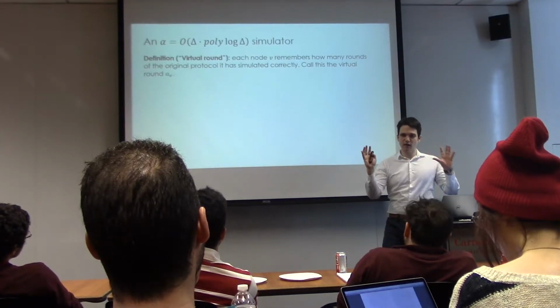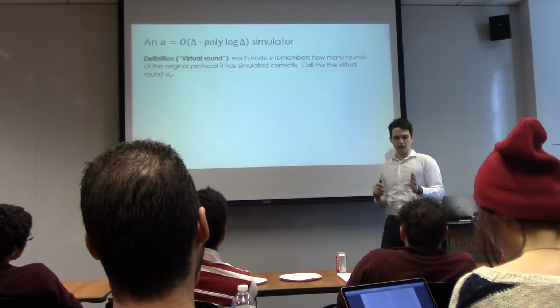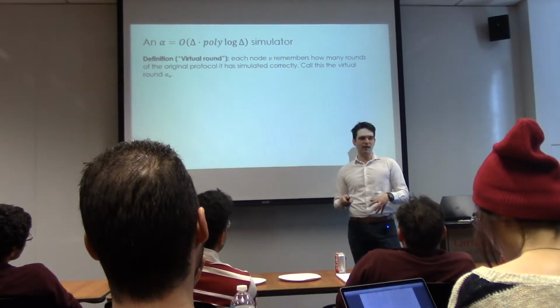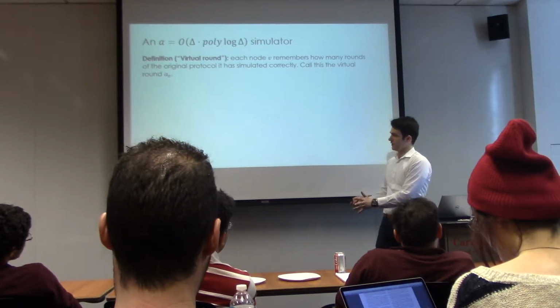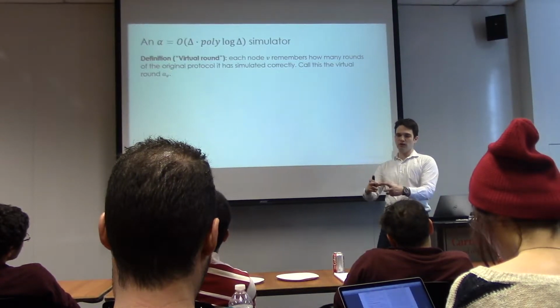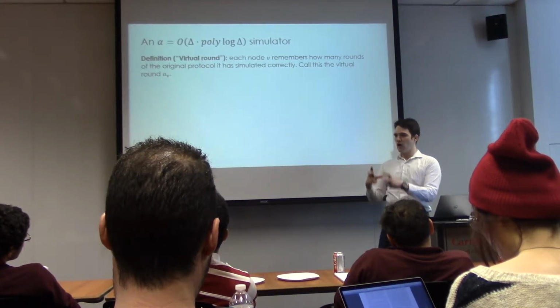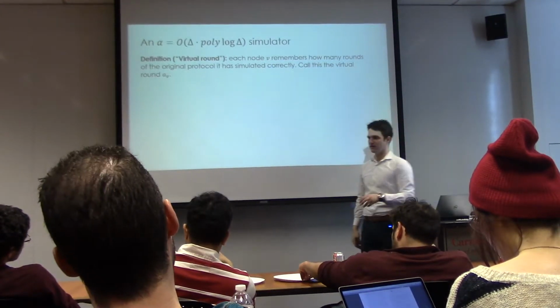So remind ourselves what is the main problem. What are we even doing? We want to simulate an original protocol from the noiseless setting in the noisy setting. So now I propose the following. Each node keeps track of how many rounds of the original protocol it successfully simulated.